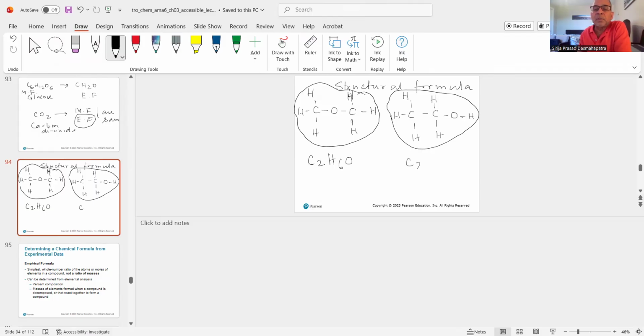Carbon 2, hydrogen 1, 2, 3, 4, 5, 6. So look, they are exactly the same formula, but they represent two different compounds.